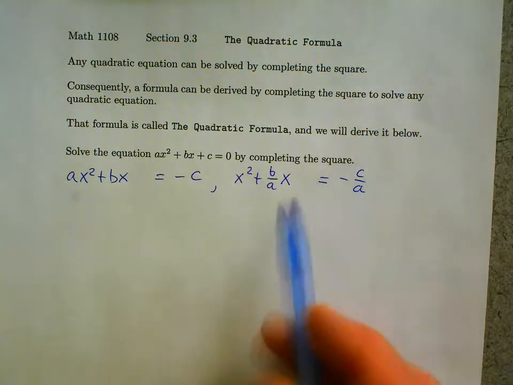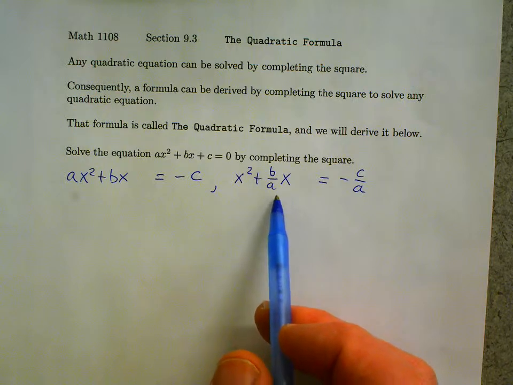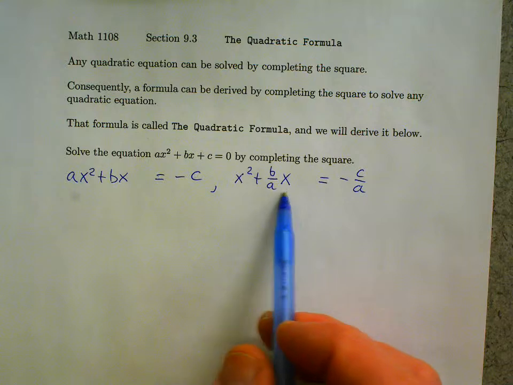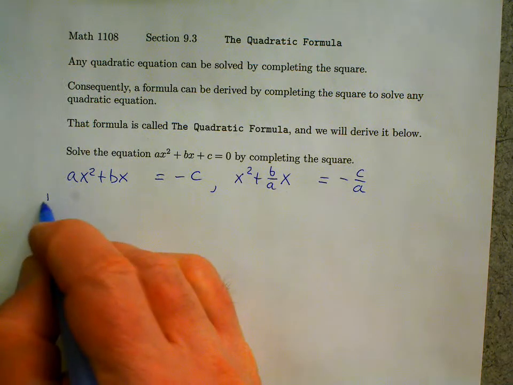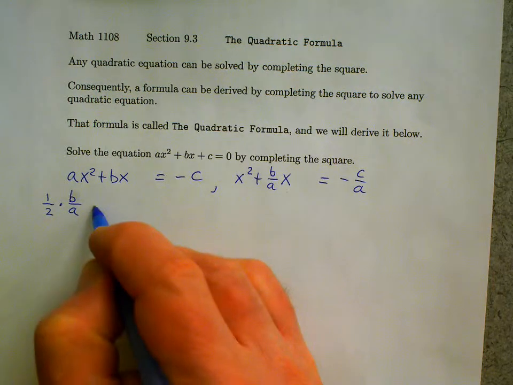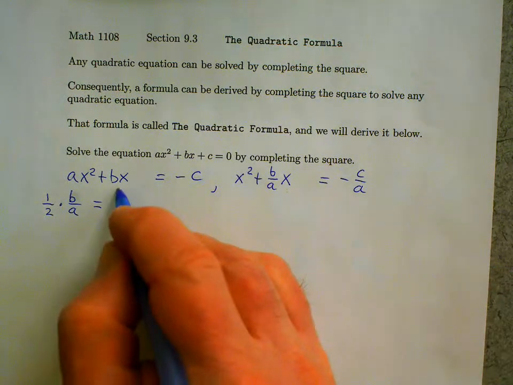And what we do here is the same thing that we did when we solved equations by completing the square in section 9.2. We're going to take 1/2 of the coefficient of x. The coefficient of x is b over a, so 1/2 times b over a, we can write that as b over 2a.